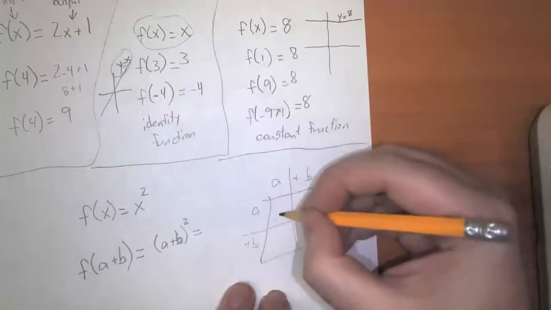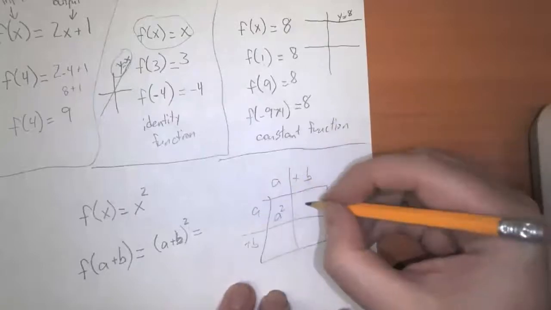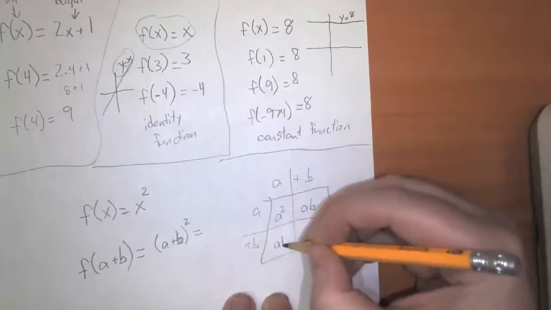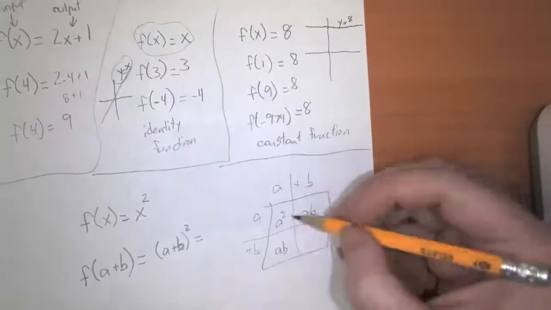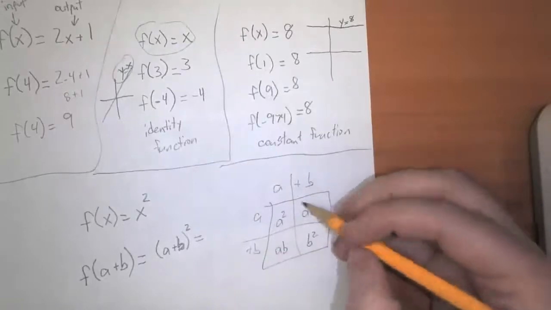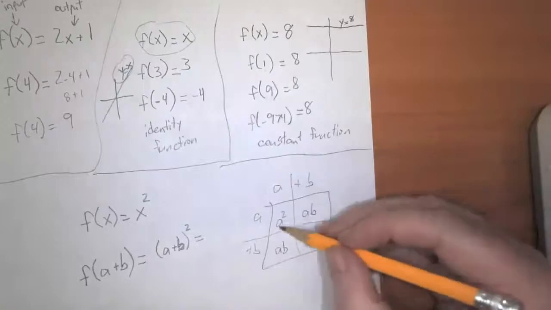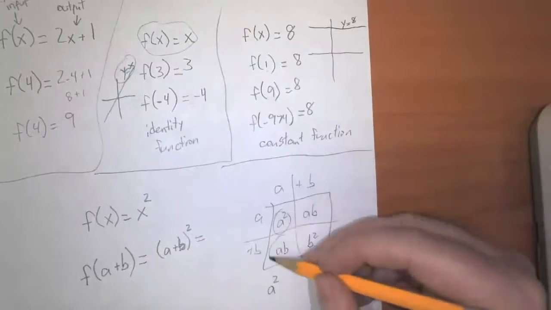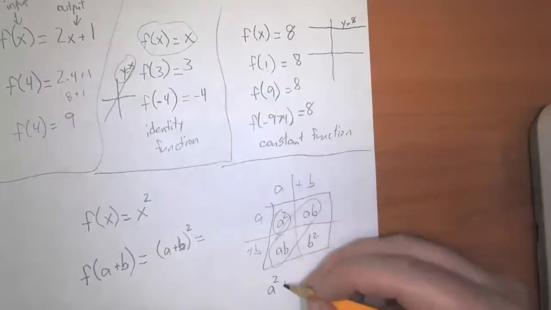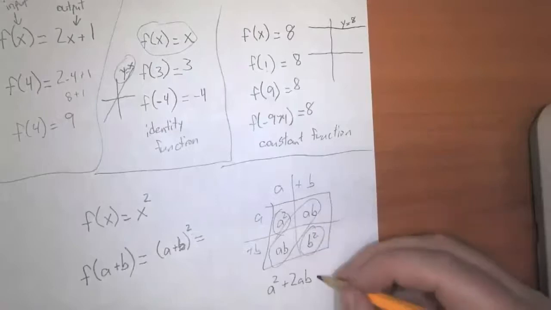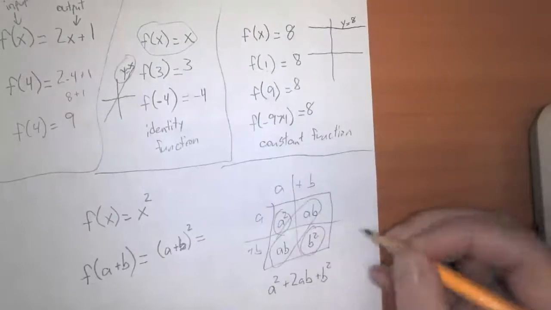So a times a is a squared, a times b is ab, b times a, I'd like to call that ab as well, just to keep the common terms together, and b times b is b squared. So adding all of these terms together, this is the only a squared term. We're going to combine those two ab terms to give us 2ab, and the b squared is its own term.